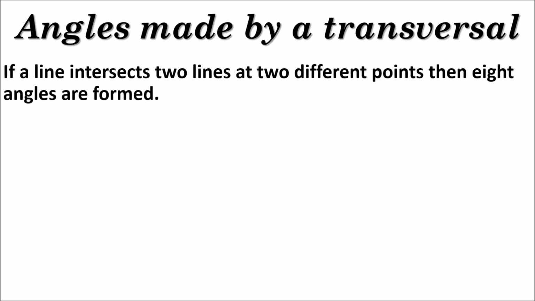Angles made by a transversal. If a line intersects two lines at two different points, then 8 angles are formed.